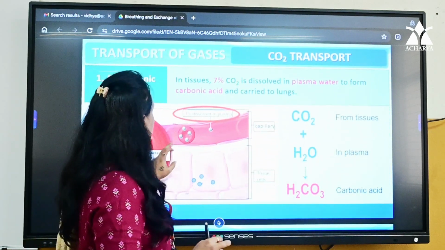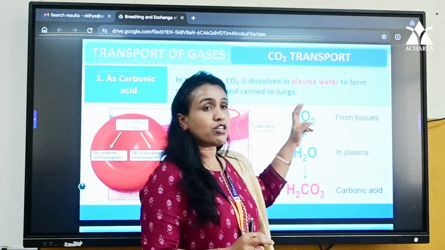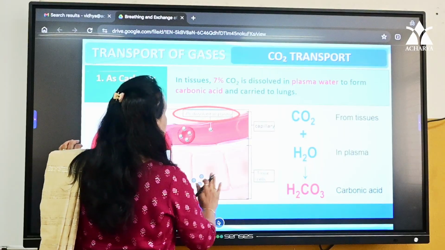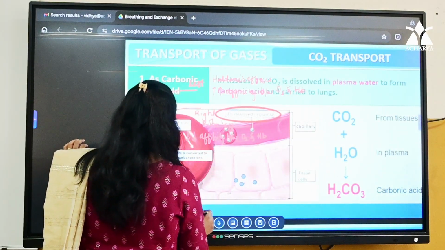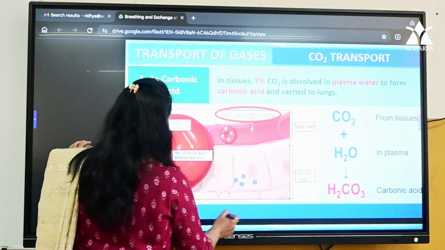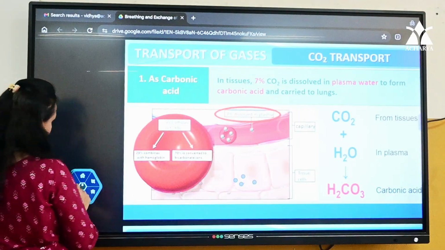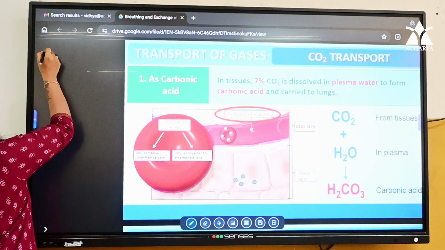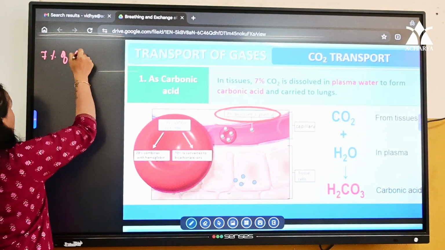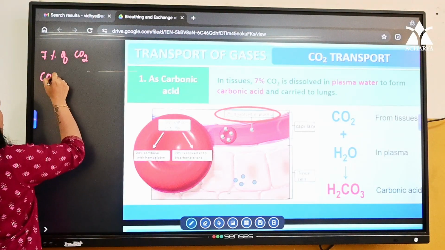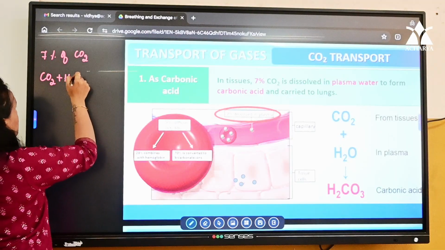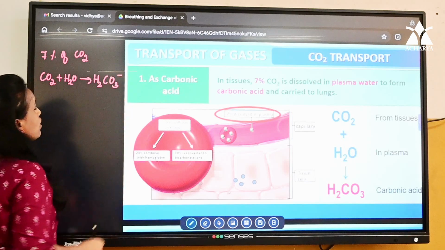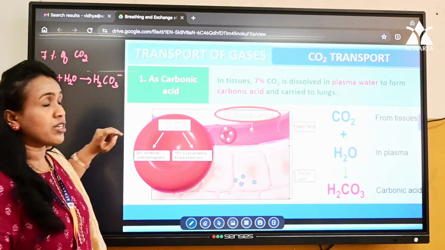As carbonic acid, 7% of carbon dioxide dissolves in the water present in the plasma to form H2CO3, that is carbonic acid.